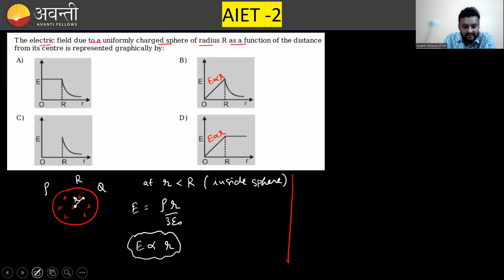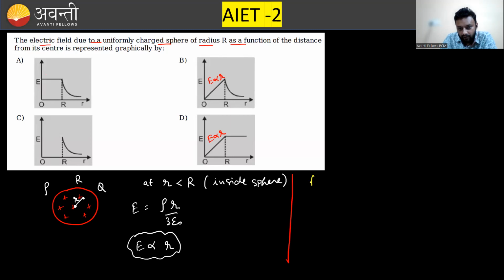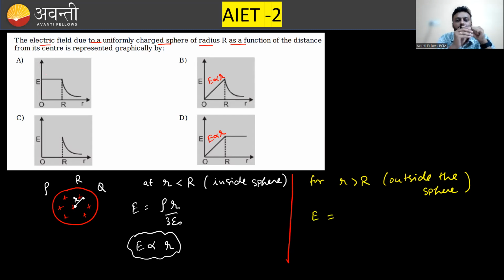Now, second case, which is outside. I say for r greater than the radius, that means any point outside the sphere. How the field is calculated, everybody knows that E can be calculated by considering the sphere as a point charge. Here, this is the complete sphere, and you can consider it a point charge, and the charge is Q. Total charge of the sphere is Q, at a distance r.